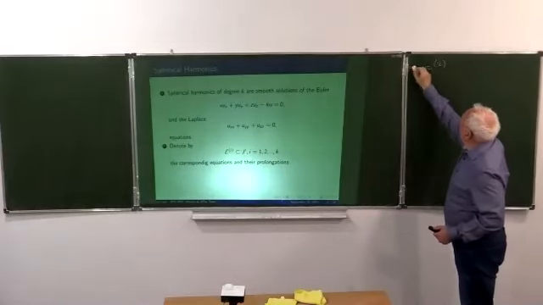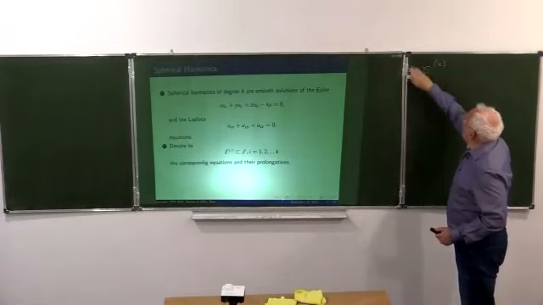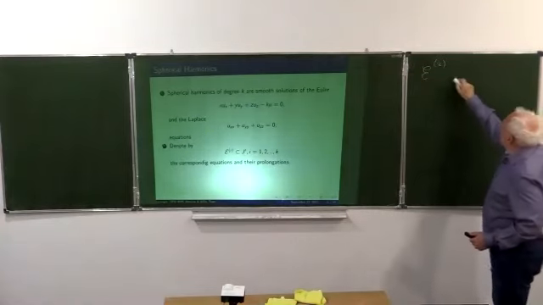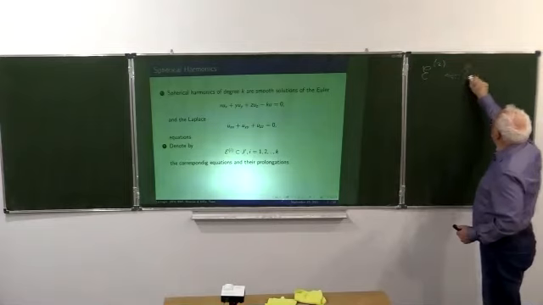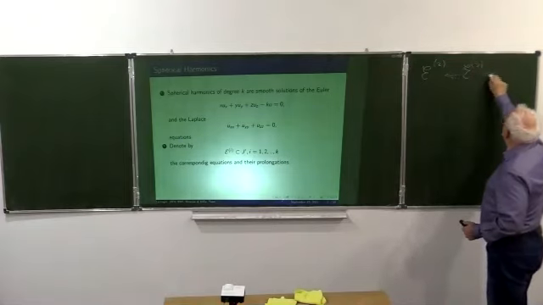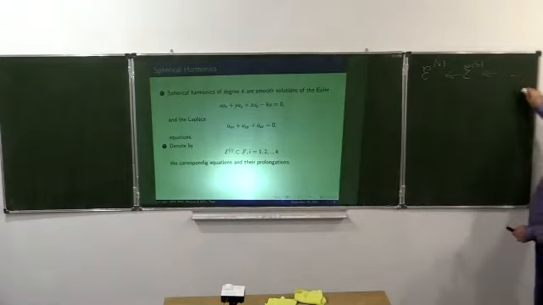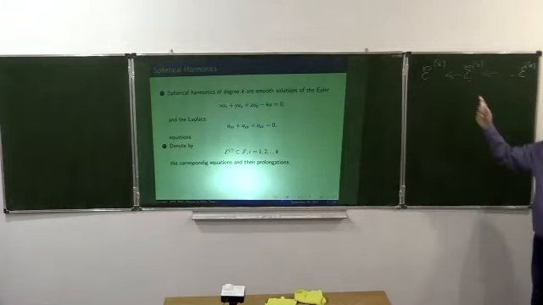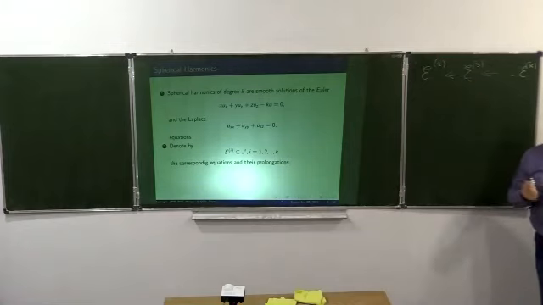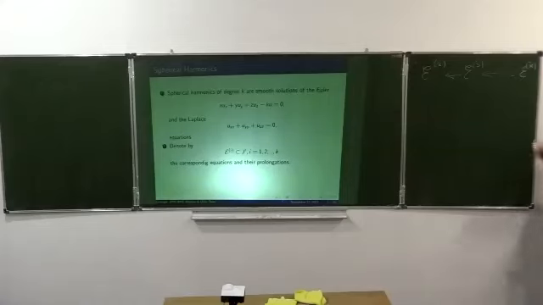There is also E1 here, but it's not important for us, so I will start with E2. The next will be E3, and so on. What can we say about this? First of all, it will not be an infinite sequence. It will end on the level of k, because it's k-jets of smooth solutions. So it means k-jets of polynomials of degree k. So it means that on the level k plus 1, we will get 0 for this sequence.